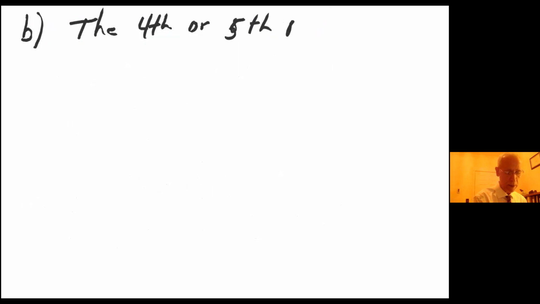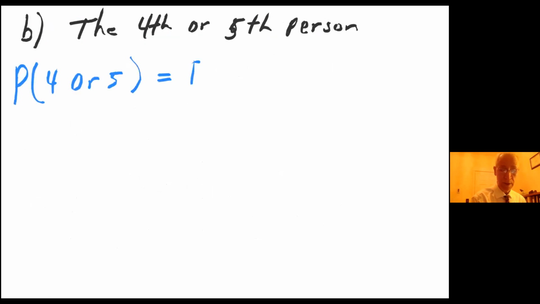We said part B, the 4th or 5th person. So now I can say P of 4 or 5 equals P of 4 plus P of 5.